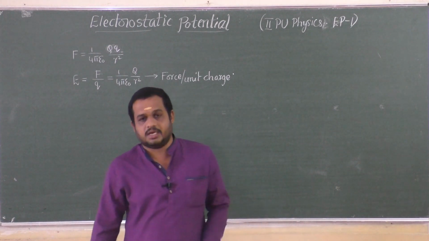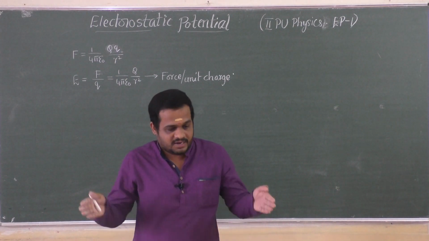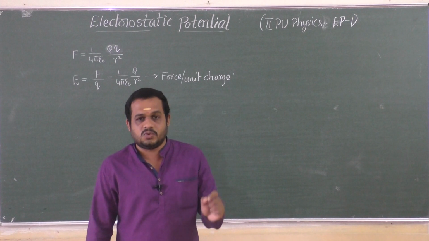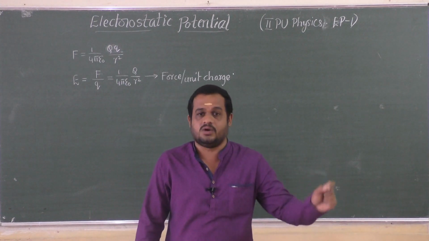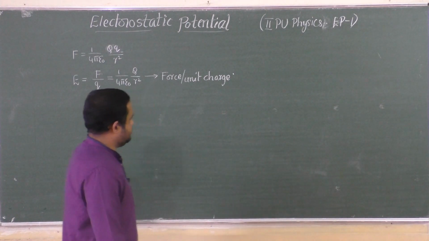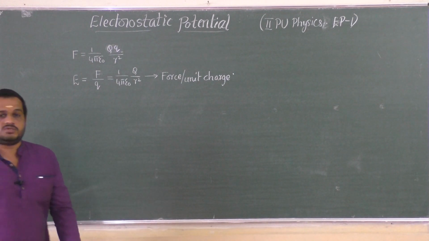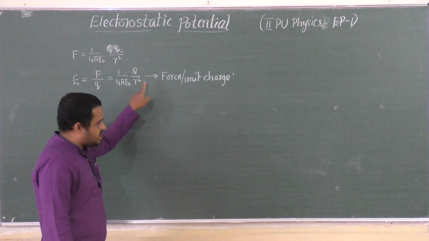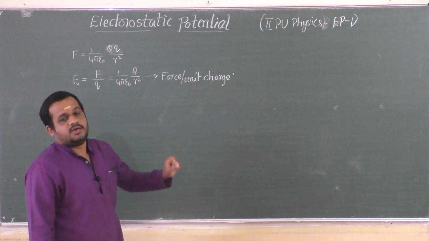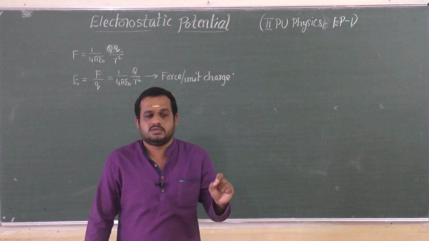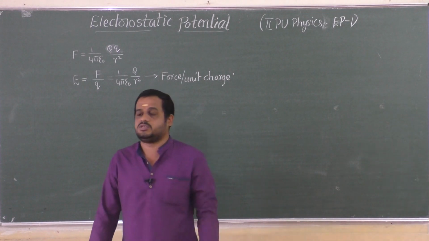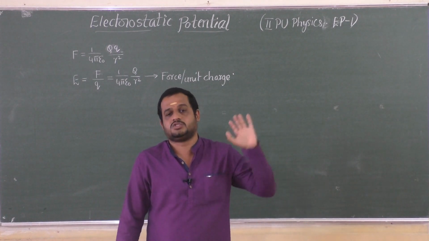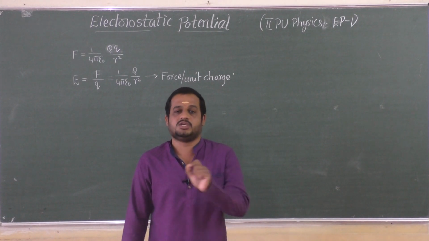Similarly, in case of a spring also, the amount of work done in compressing or stretching a spring is stored as potential energy, that is called elastic potential energy. Now this electrostatic force is also conservative in nature. That means in case of an electrostatic force field, if a certain amount of work is done with the help of an external force, that work done is stored as electric potential energy.